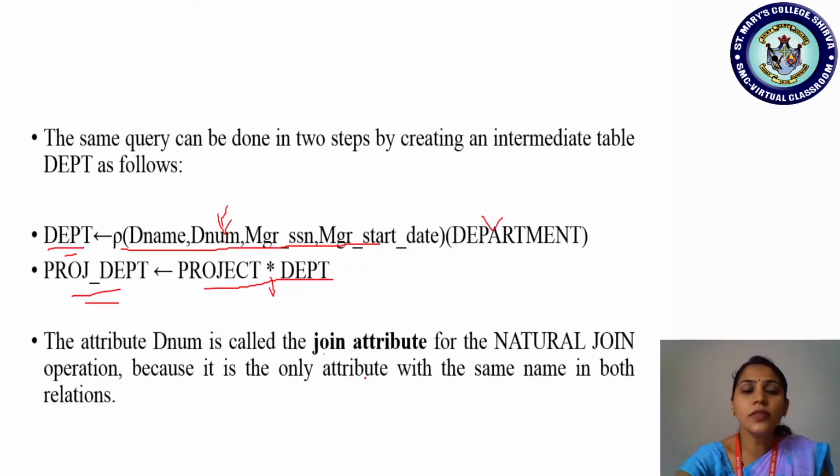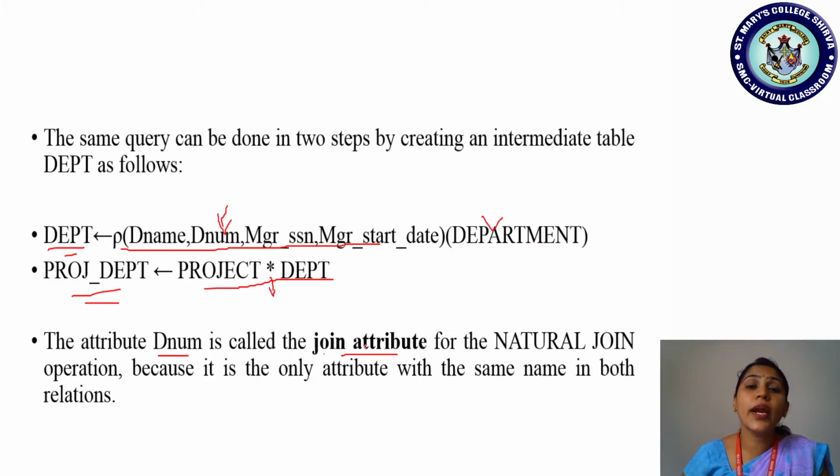So the attribute dnum is called the join attribute. What is it called as? It is called as join attribute for the natural join operation because it is the only attribute with the same name in both the relations. So as dnum is found in both project and which one? Department, it is called as the join attribute.